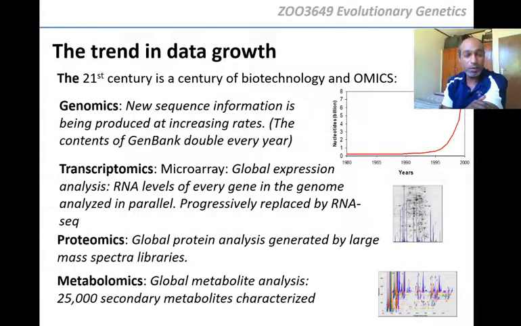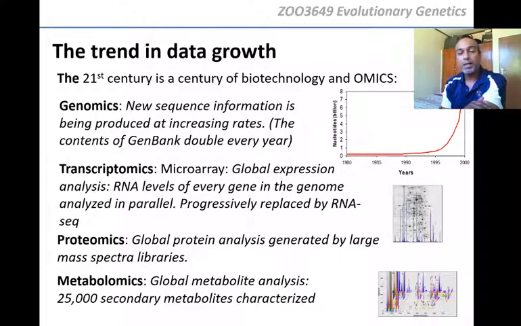With NGS, we can also generate RNA data. With microarrays, we can quantify RNA levels of gene expression in the genome. We can look at the transcriptomes of different genomes in parallel, and add this RNA data to our existing databases, all these transcriptomes.